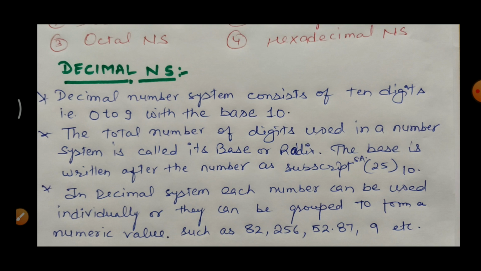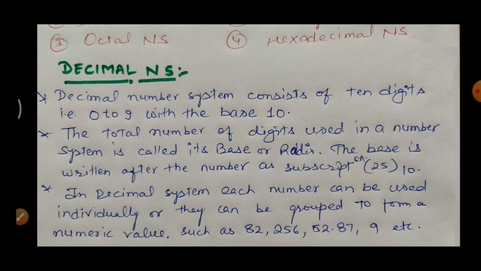That range is, we can use only the digits from 0 to 9 in the number system, and if we total these digits, these are only 10. So therefore the base of the decimal number system is 10. Okay, once again, what is base? Base is the total number of digits used in a number system.